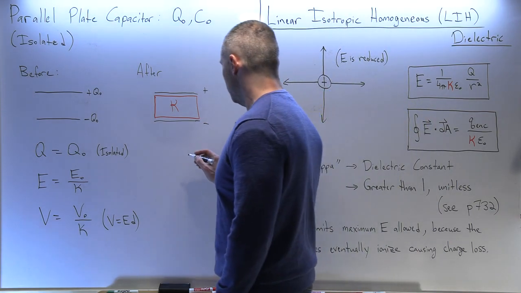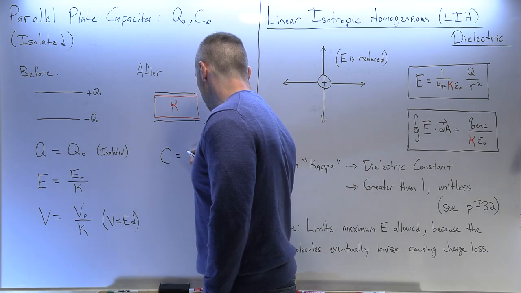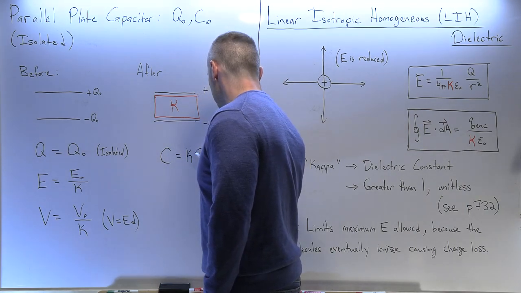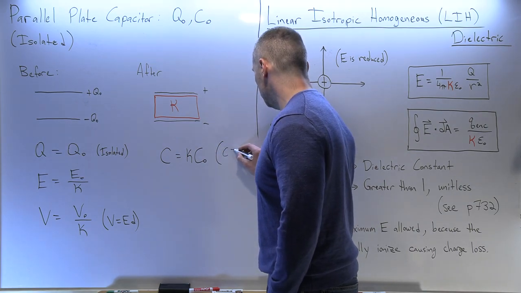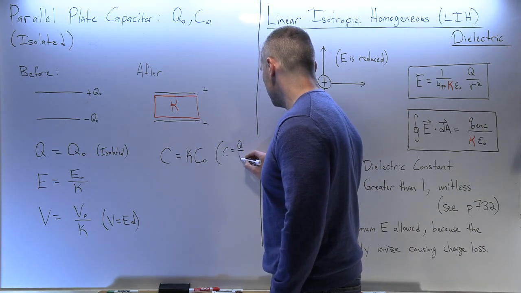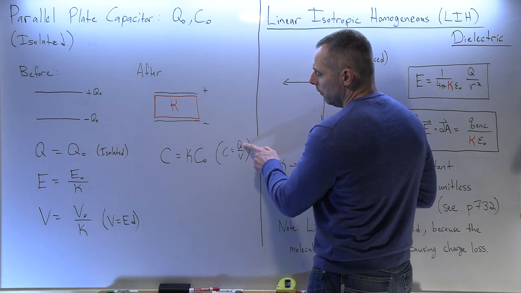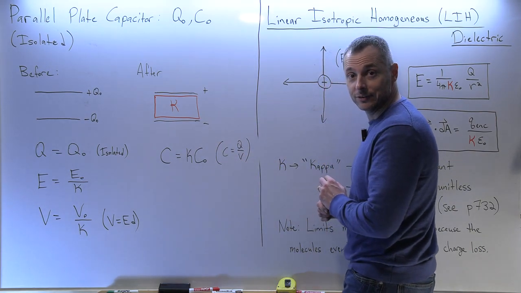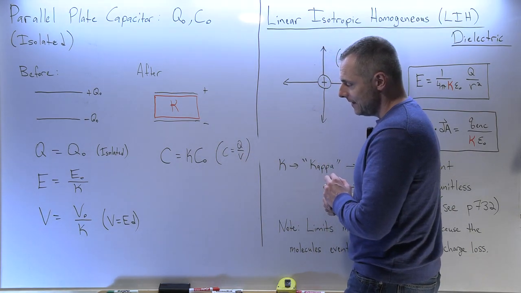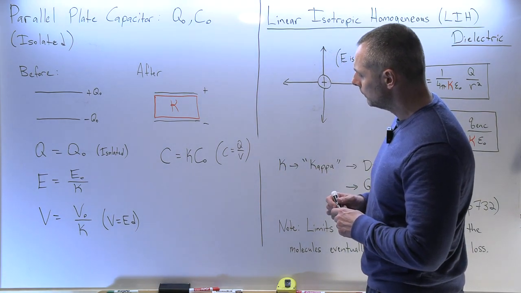So now, here's how we can reason out that C equals kappa times C0, because C equals Q over V. So if we have the same charge as before, but we've got less volts, we're going to have more capacitance. Okay? So it'll be more efficient at storing charge for the given voltage.